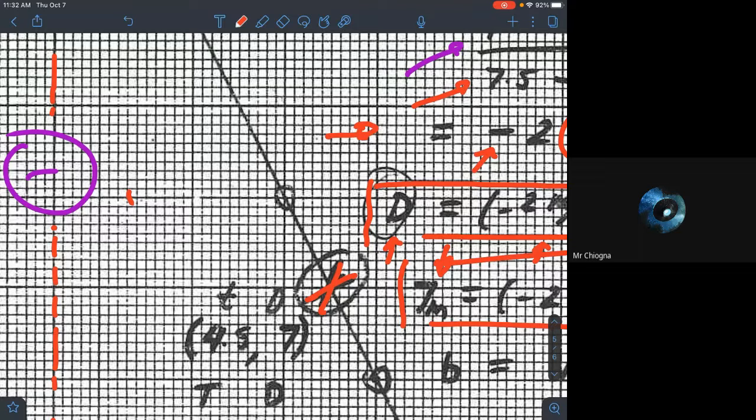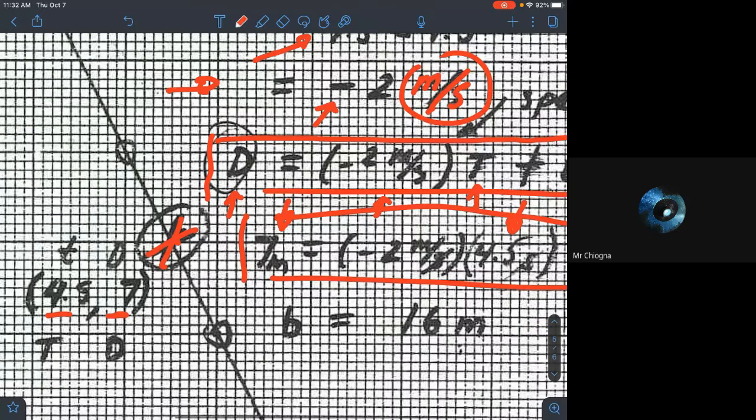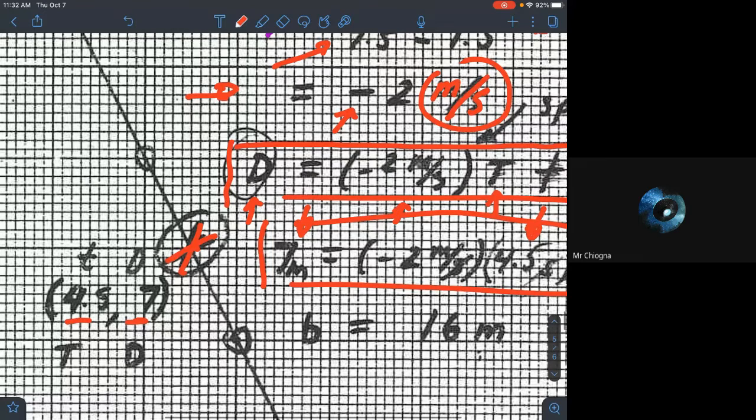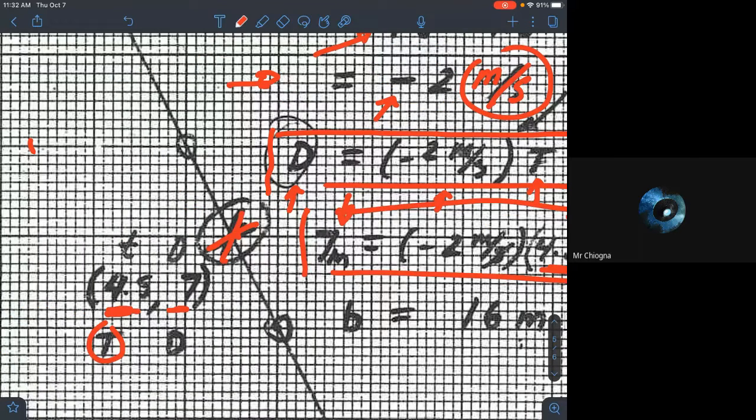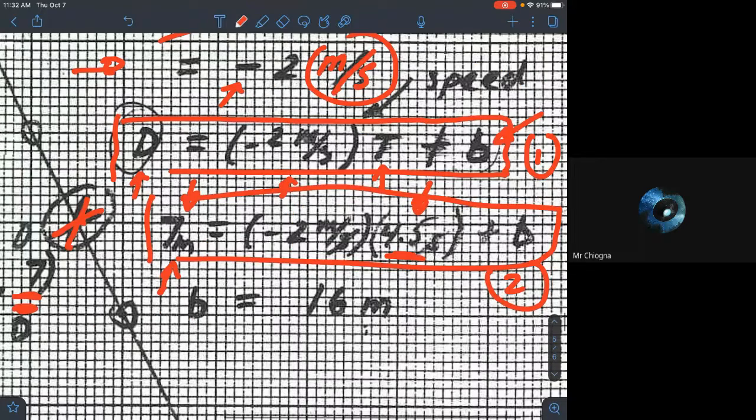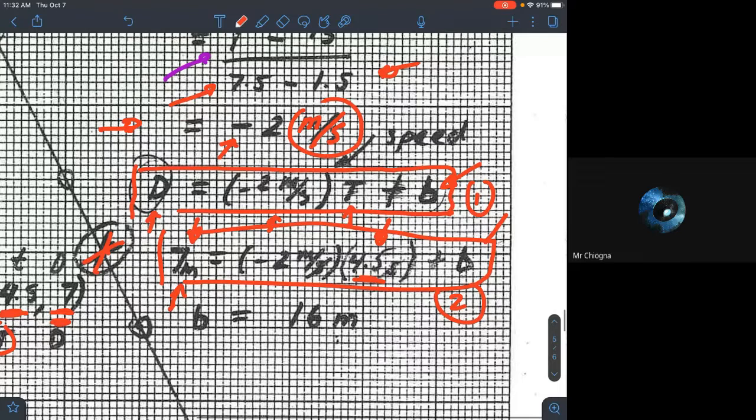I chose this point with these coordinates. It's got a time value of 4.5, I plug that in here. It's got a distance value of 7, I plug that in here. That allows you to solve for your b.